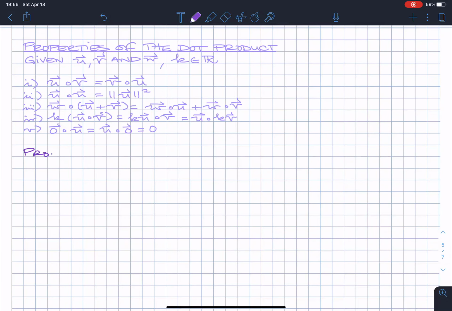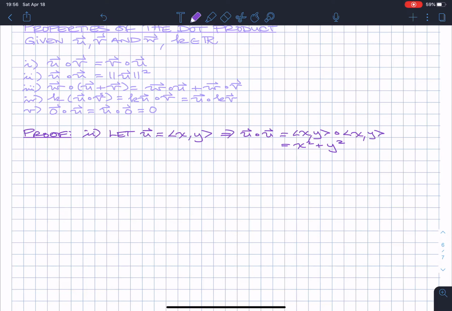So proof. Let's do number 2. Let u be given component-wise as x comma y. That implies that u dot u will be x comma y dot x comma y, which is x squared plus y squared.